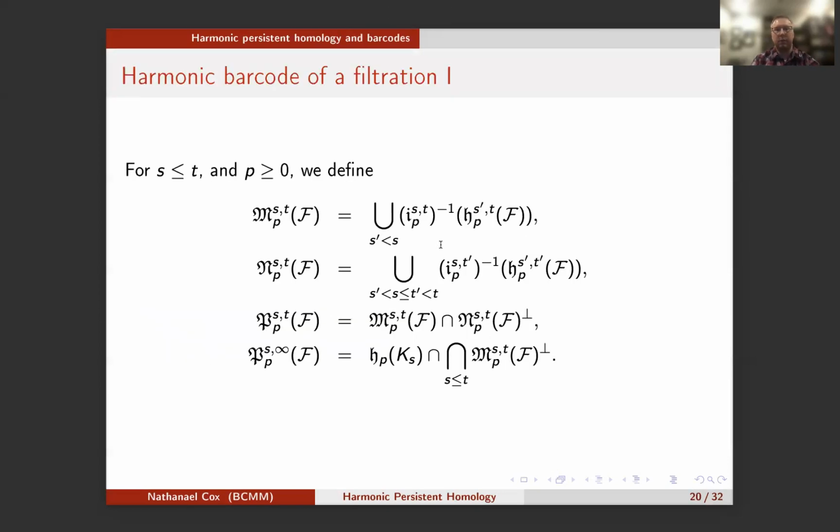As you can see, we define the M and N subspaces exactly the same, just with their harmonic counterparts, whereas the P subspaces, which were quotients before, are now merely intersections with an orthogonal complement. And so again, these P_p^{s,t} are actual vector subspaces of our chain space.